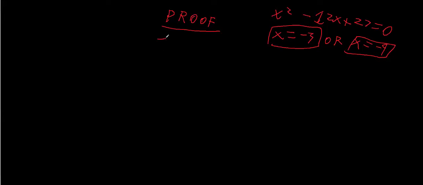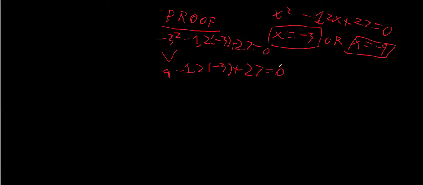So let's do -3 squared minus 12 times -3 plus 27 equals 0. Let's just do this first. So 9 minus 12 times -3 plus 27 equals 0. Let's do this 12 times -3 really quick over here.